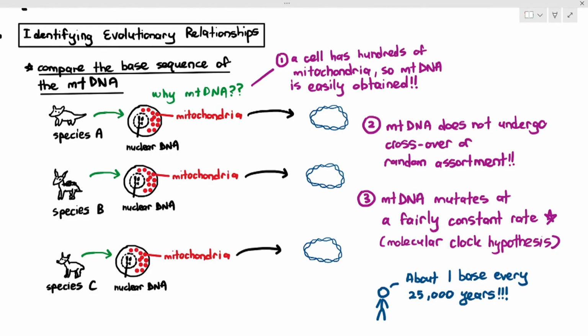that the mitochondrial DNA will undergo a mutation about one base every 25,000 years. It doesn't mean that after 25,000 years, the mitochondrion will just mutate once, and then another 25,000 years, it just mutates another time.